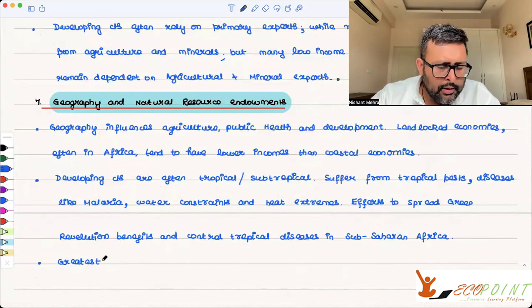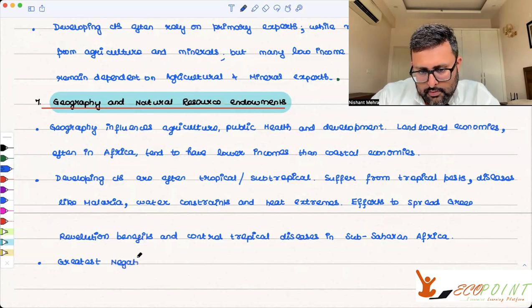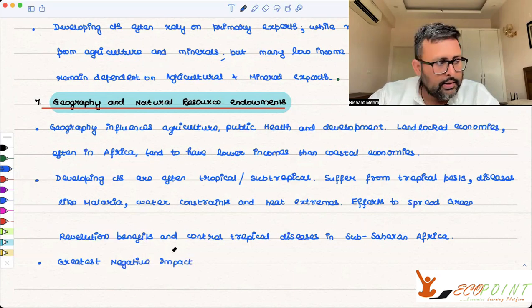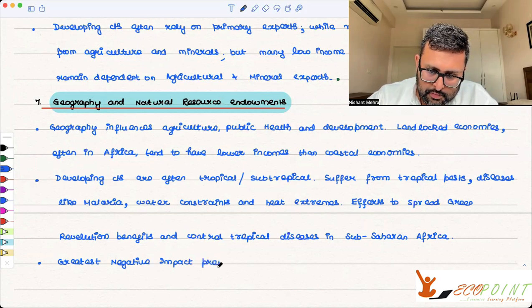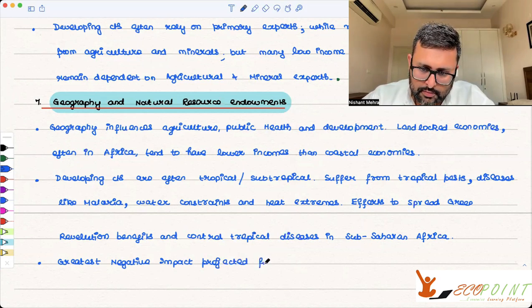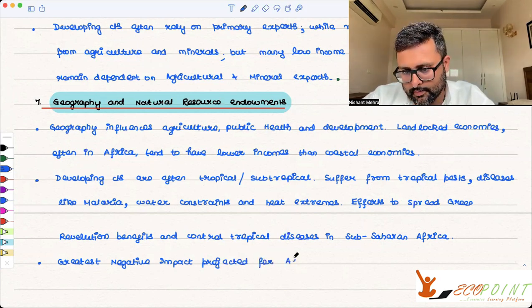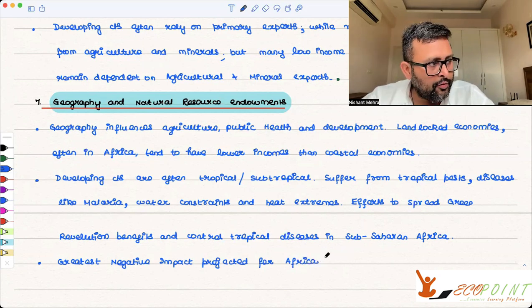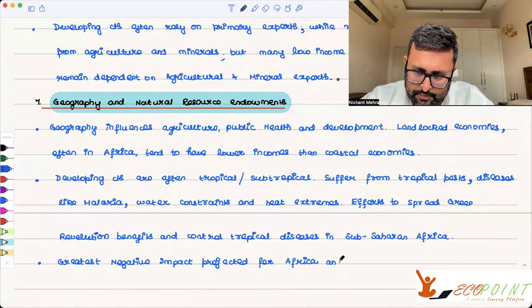Greatest negative impact projected for Africa and South Asia.